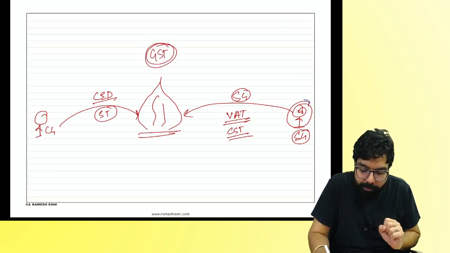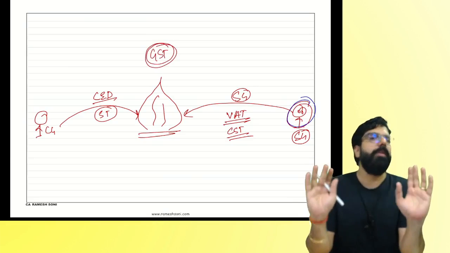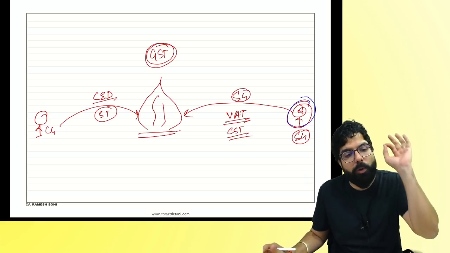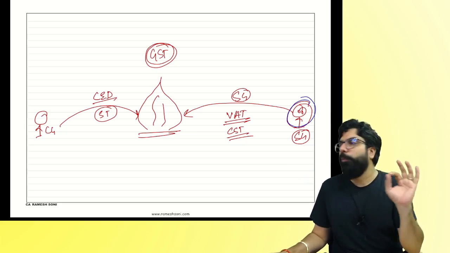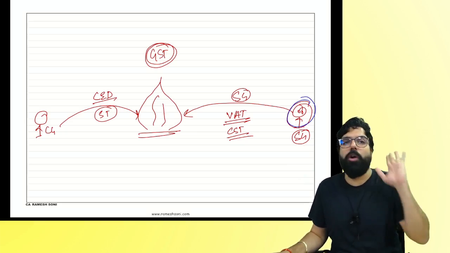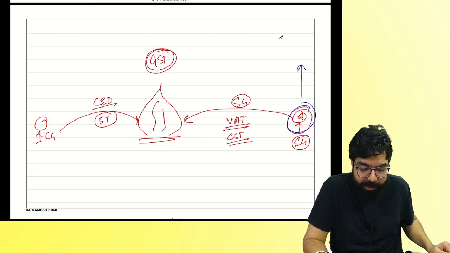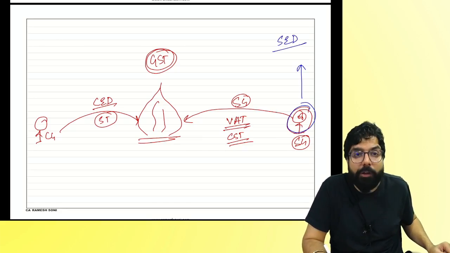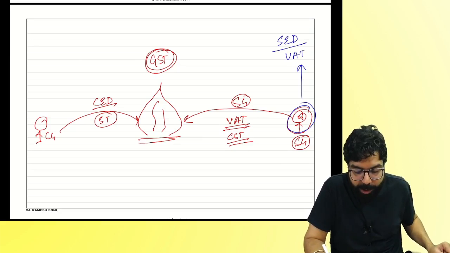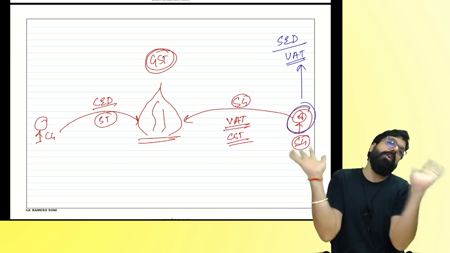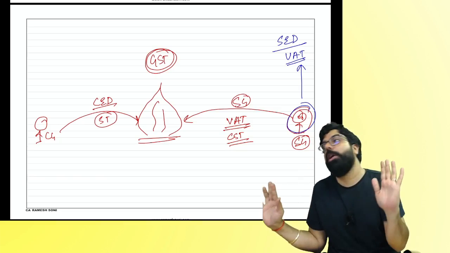But here, state governments told the government one thing. See, we are ready to give up all our taxes. Any taxes which you want, we'll give up. But we will not leave tax on alcohol. State government on alcohol collects state excise duty on manufacturing and VAT, value added tax, on selling. State government told, see sir, we can give up any of our taxes, no problem, but we will not give up tax on alcohol.